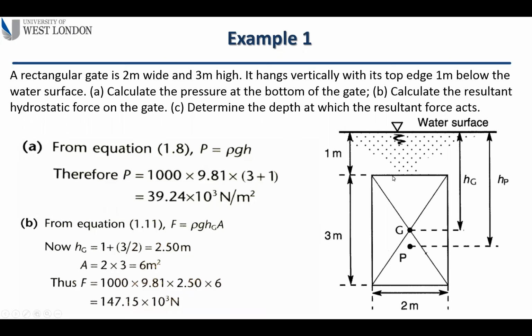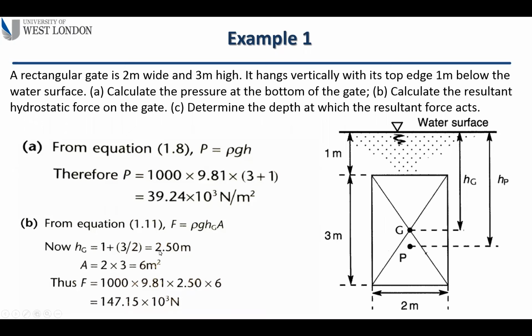The centroid of this rectangle is the intersection of the diagonals, and its depth to the water level is pretty simple to calculate. It's 1 meter plus half of the depth, 3 over 2, which is 1.5 plus 1 is 2.5, so h_G is 2.5. The area of the gate is 2 meters times 3, which is 6 square meters.